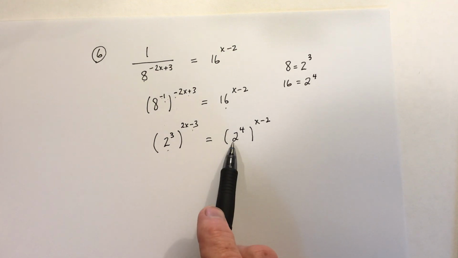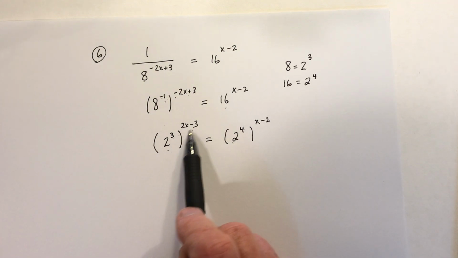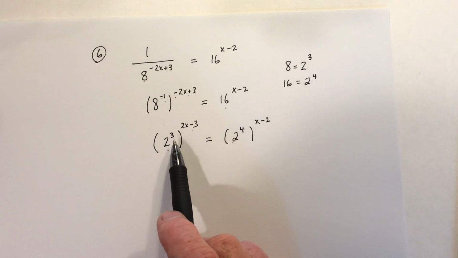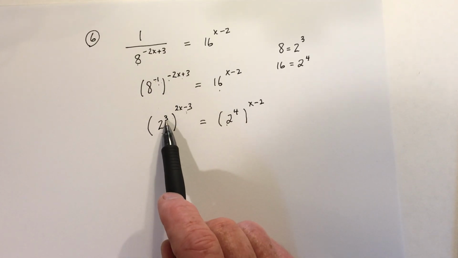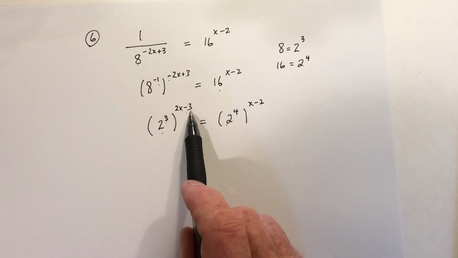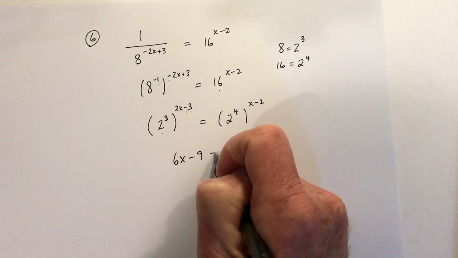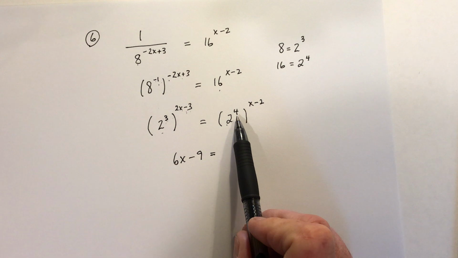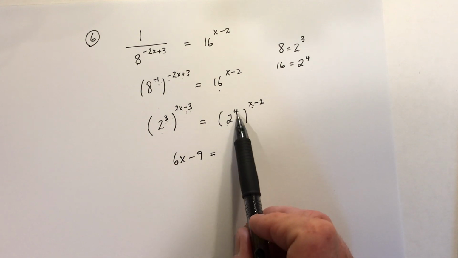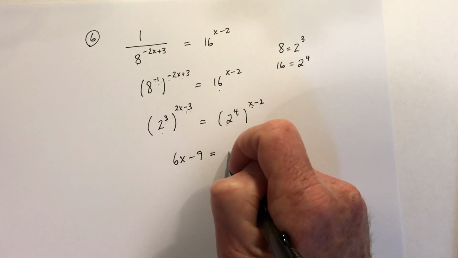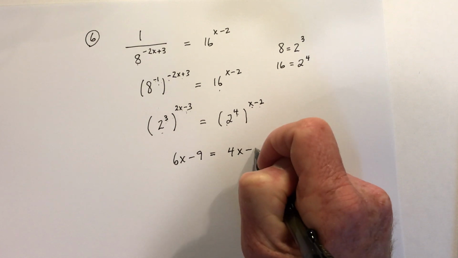Now we have the bases the same. So these exponents need to be multiplied, and I'm going to save one step and go ahead and do that right now. So that's going to be 6x minus 9. And on the right side, this is going to be 4x minus 8.